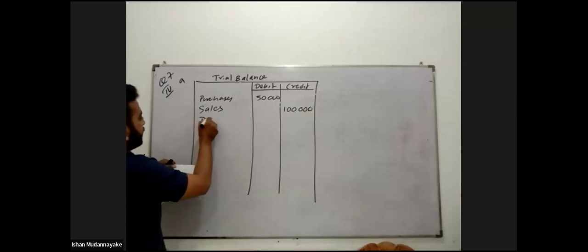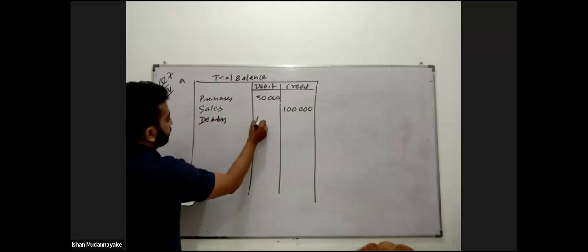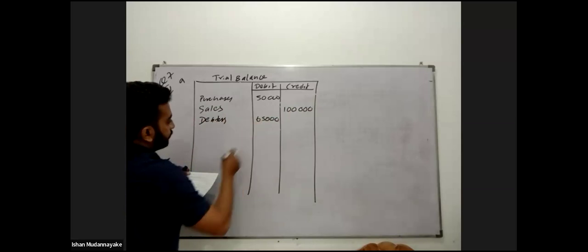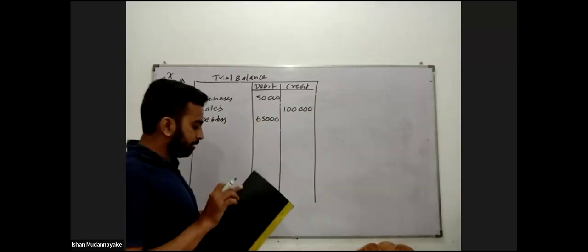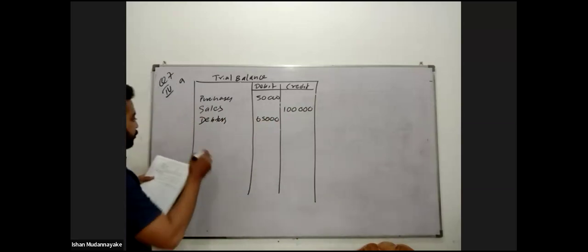Debtors 65,000, debit side. Creditors 15,000.